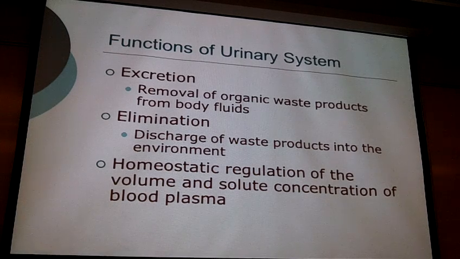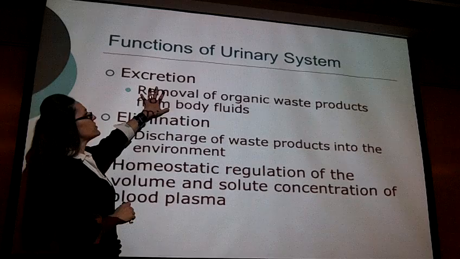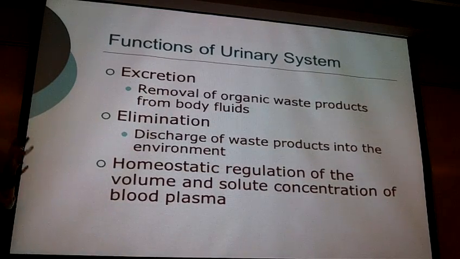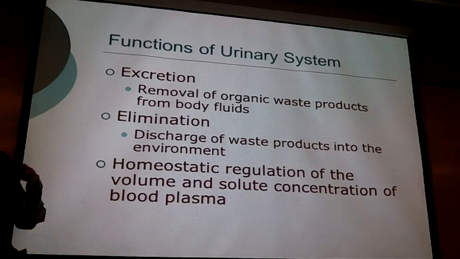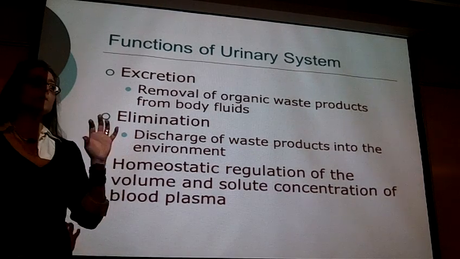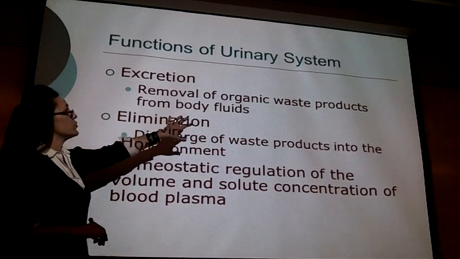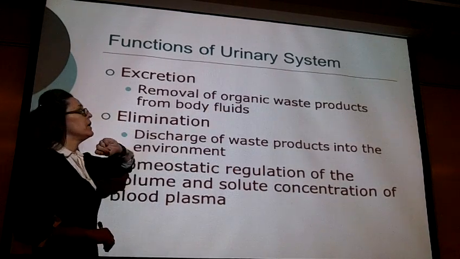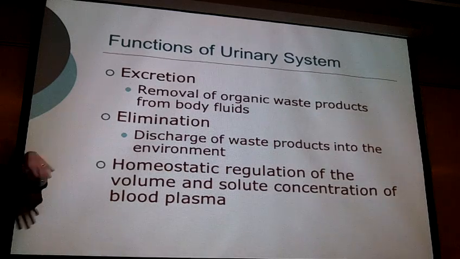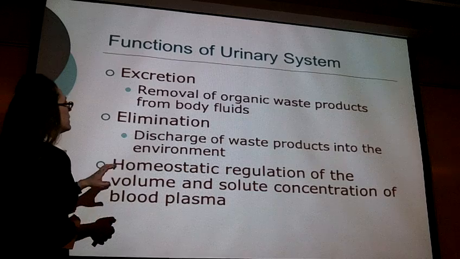So when you look at the urinary system, there are 3 major things that it's doing. First is excretion. We've got to get these organic waste products that our cells are producing through various chemical reactions out of the body, out of the bodily fluids, which would be extracellular fluid, blood being an extracellular fluid, because those products are toxic to the cells, so we have to get rid of them.